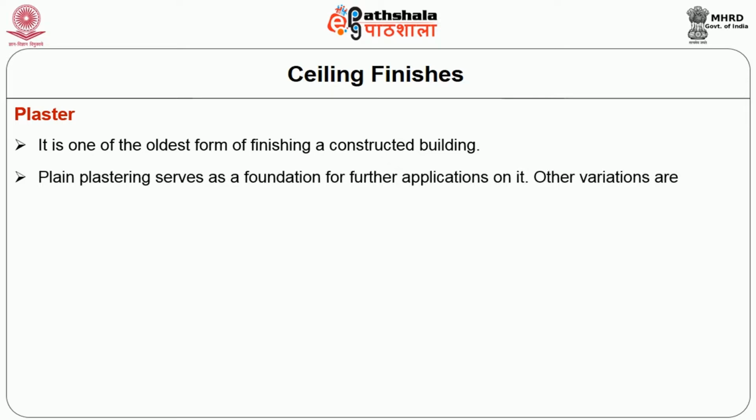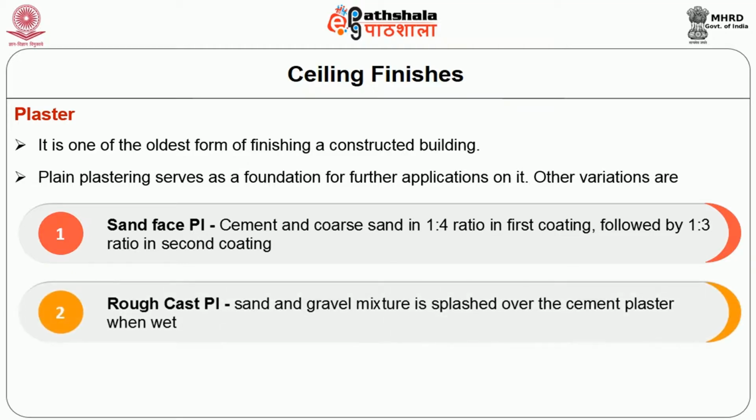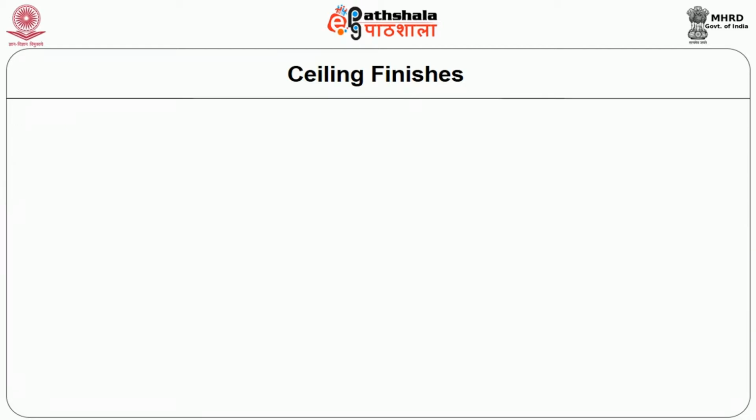Some interesting variations are sand face, cement and coarse sand in 1:4 ratio in first coating, followed by 1:3 ratio in second coating. Rough cast, sand and gravel mixture is splashed over the cement plaster when wet.